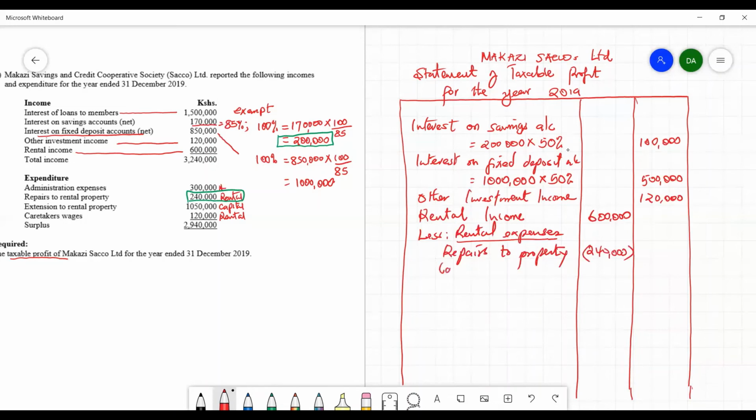Secondly, caretaker's wages, which is 120,000. Deduct the two from 600,000 so that you remain with 240,000.